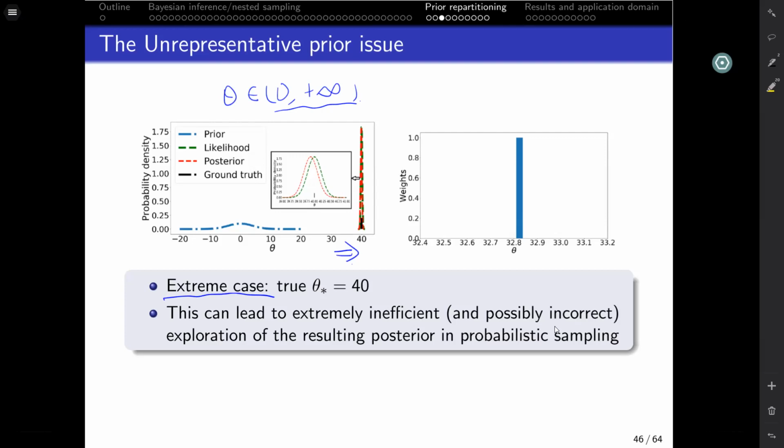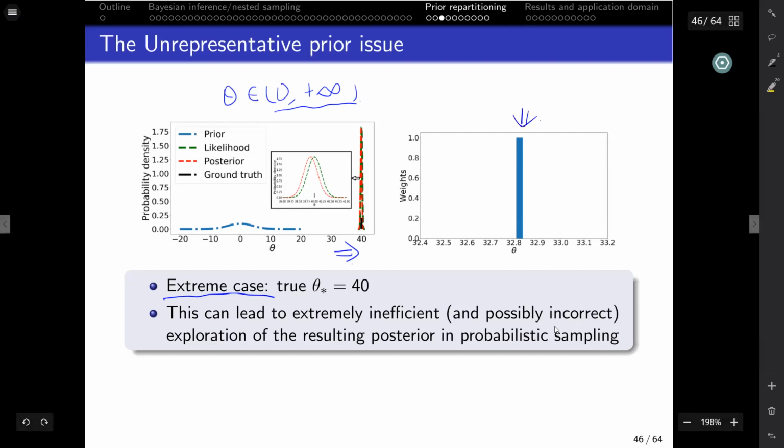Or in MCMC, if you're familiar with the Metropolis-Hastings algorithm, that might result in a very, very long burn-in period where MCMC struggles and wanders around those plateaus or very flat regions and cannot find the correct region of interest in the state space. And in nested sampling, it might result in an incorrect estimation of the posterior.